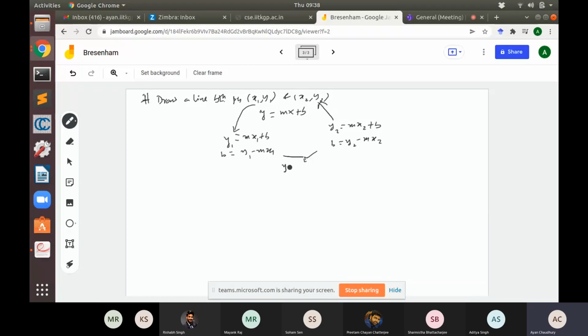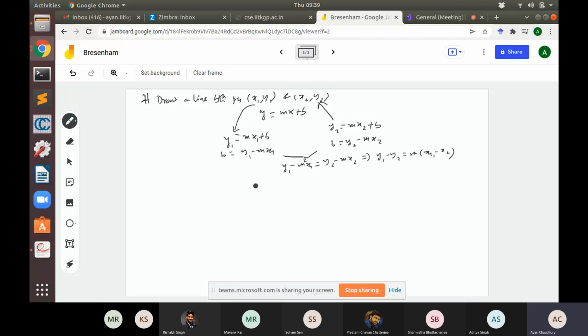So y1 minus mx1 is equal to y2 minus mx2. So y1 minus y2 is equal to m of x1 minus x2.